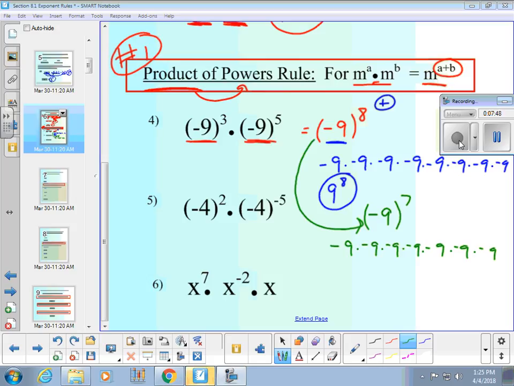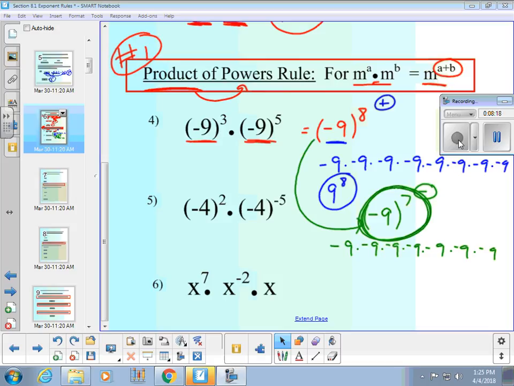And if I multiply negative 9 by itself 7 times, what should I get? A positive or a negative answer? In this case, because it's an odd number of times I'm multiplying the negatives, I would get a negative answer. So for this, if this was the problem, you would leave your answer like this. Since it's a negative number for the base, and it's to an odd power, I would leave the answer negative 9 to the 7th power.